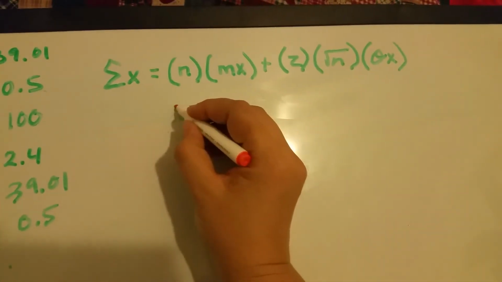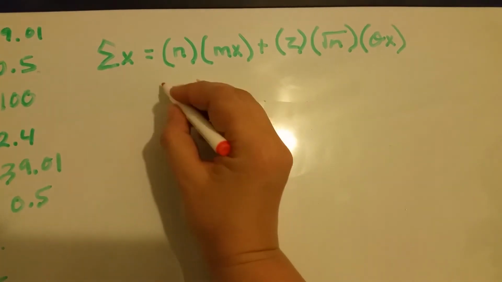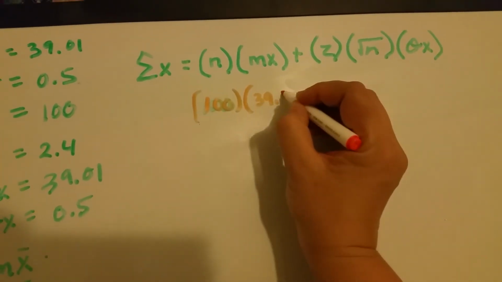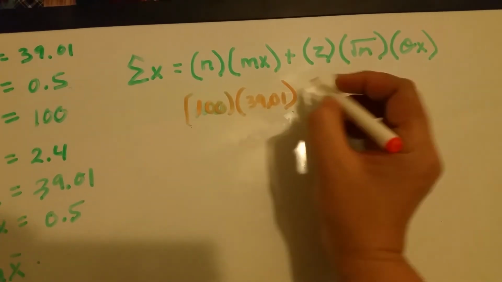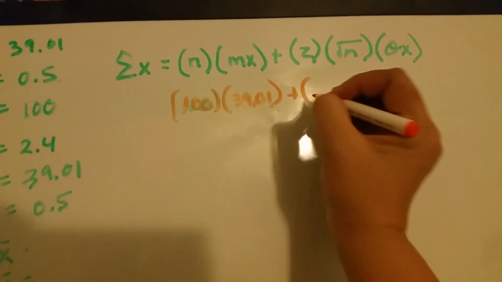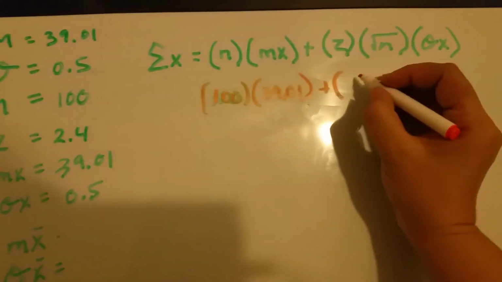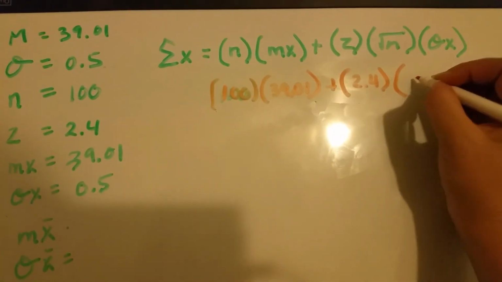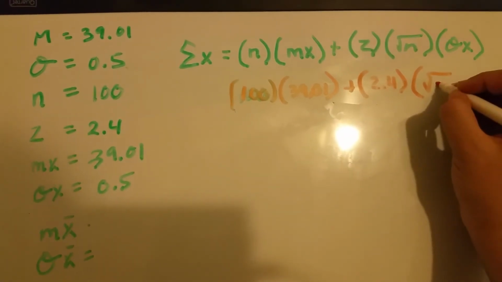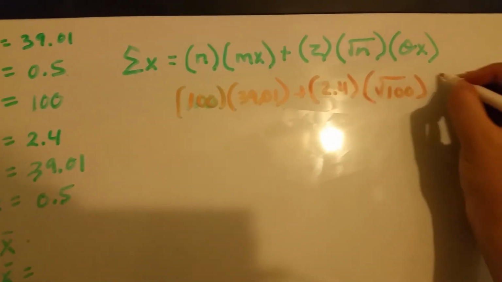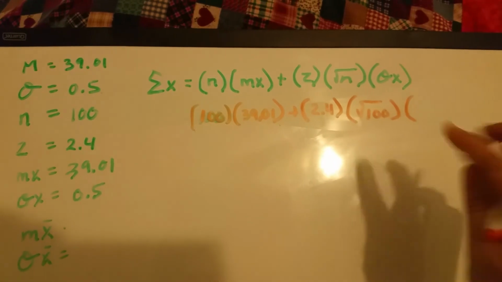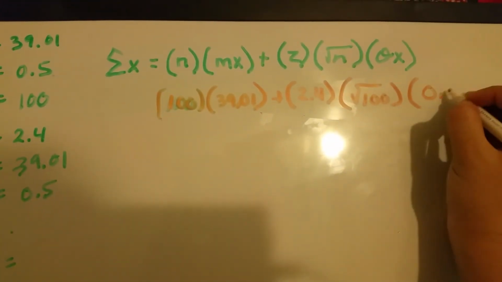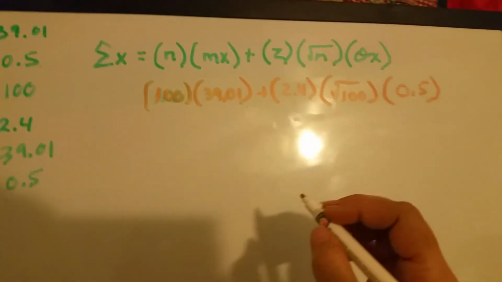Filling in our information, we've got the count, 100, times the mean, 39.01, plus the z-score, which is 2.4, times the square root of the count, which is 100, times the standard deviation, which is 0.5.